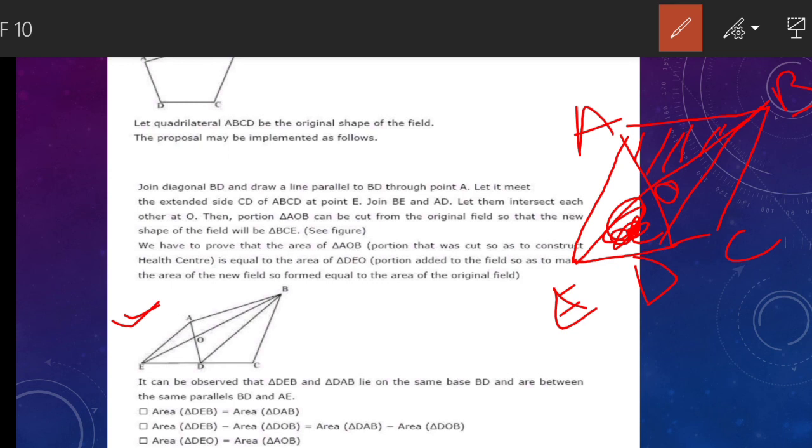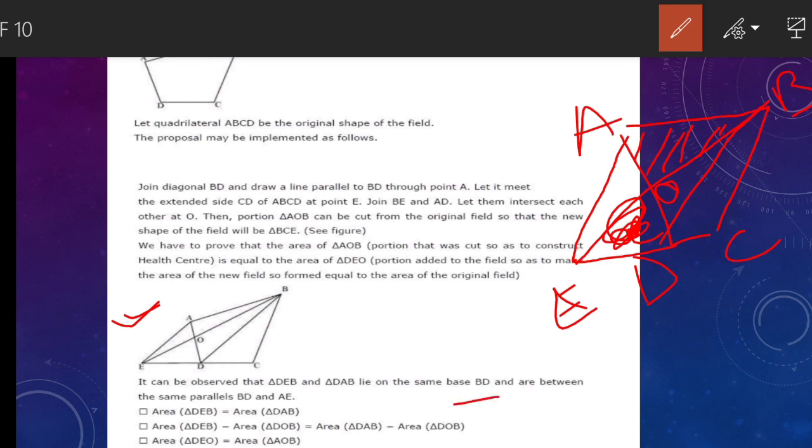figure BEC. So here we have to prove that the area of AOB, that is the portion that is cut out for the health center, should be equal to EOD. So the portion that is shaded should be equal to the part EOD. Okay, so here we can observe that DEB and DAB lie on the same base BD.